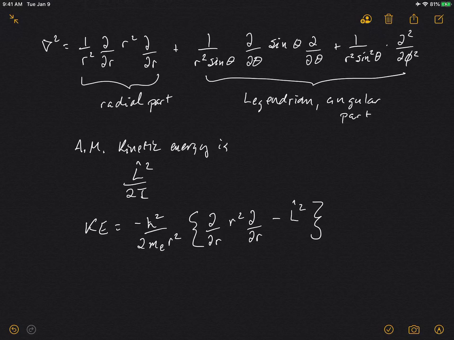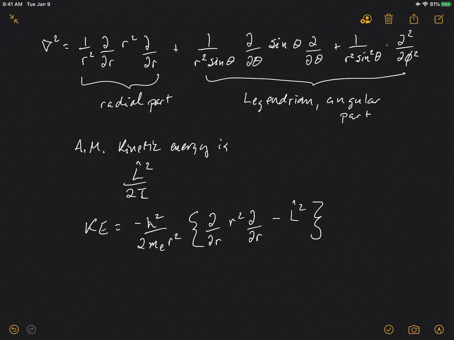So then, since our kinetic energy is broken up this way, and our potential energy just depends on r, it doesn't depend on theta and phi, based on the principle of separation of variables, we can divide our Hamiltonian into a radial part and an angular part.